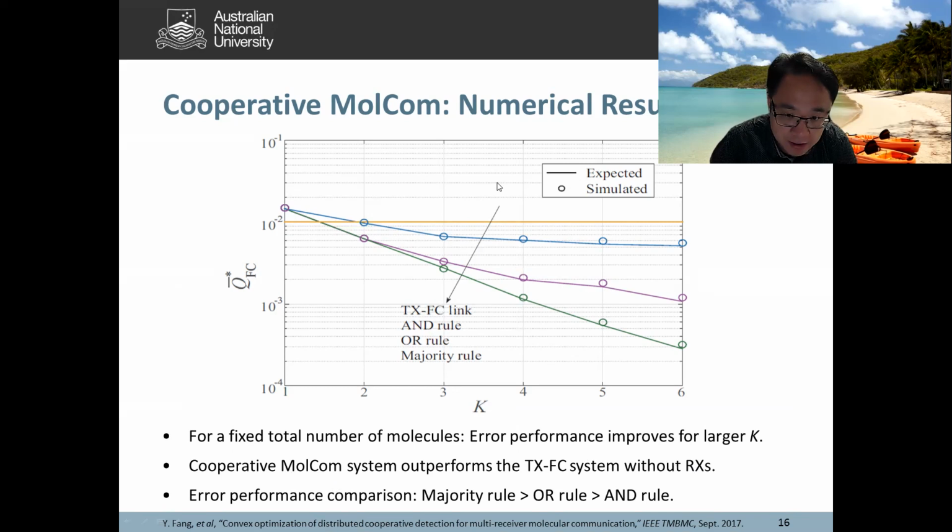Then we compare the error performance of these three rules. Definitely we find that the majority rule, which has the maximum generality, has a better performance than the two extreme cases, the N rule and OR rule. And finally, we also see that our analysis matches the simulation points, which shows the accuracy of our results.